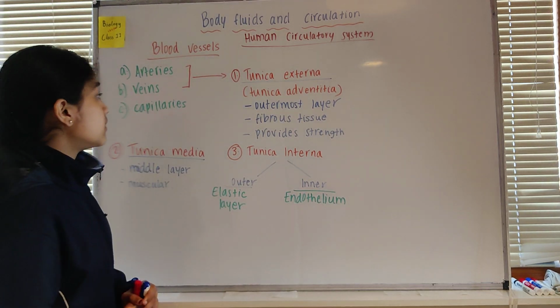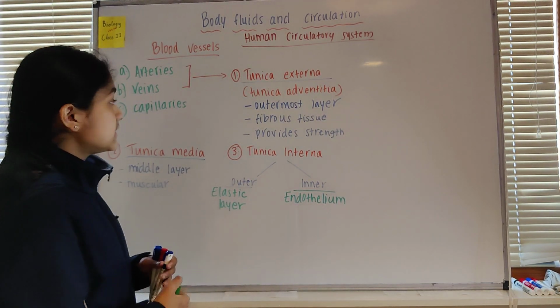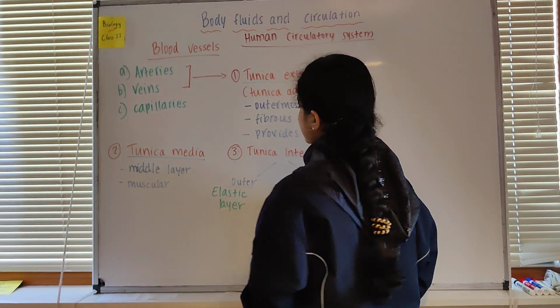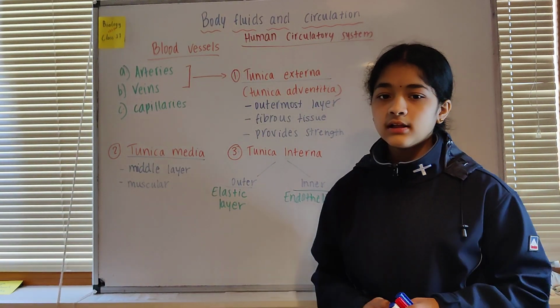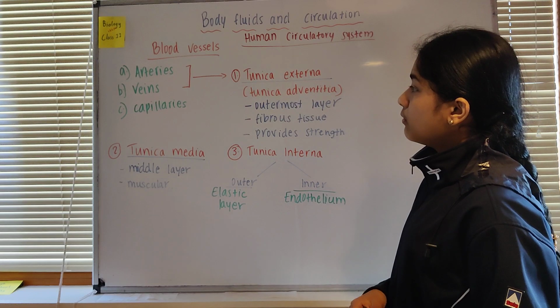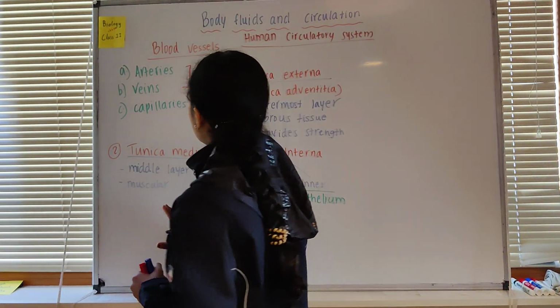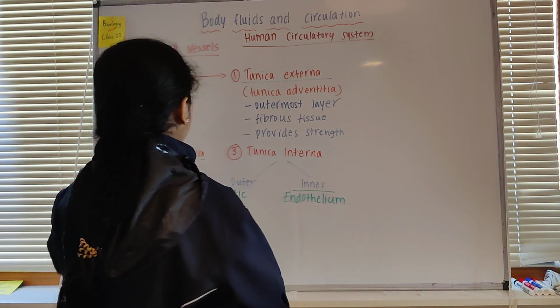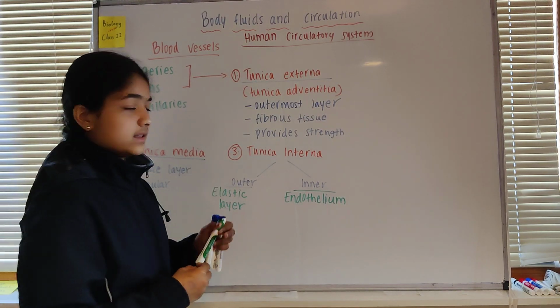So these are the three layers in scientific terms: tunica externa, tunica media, and tunica interna. Now let's talk about the differences between arteries and veins.